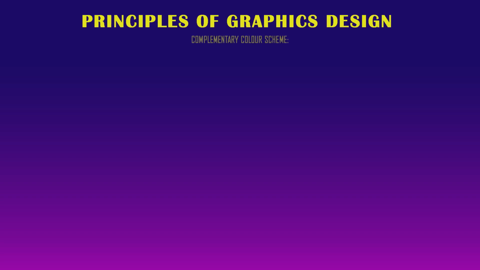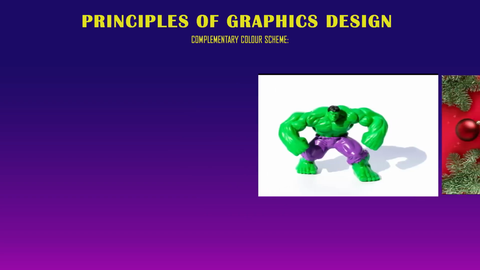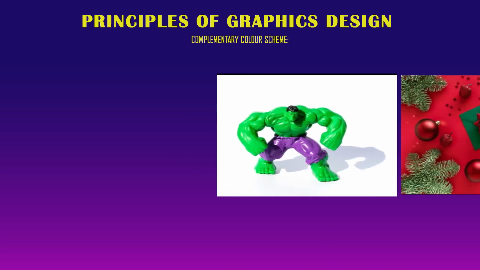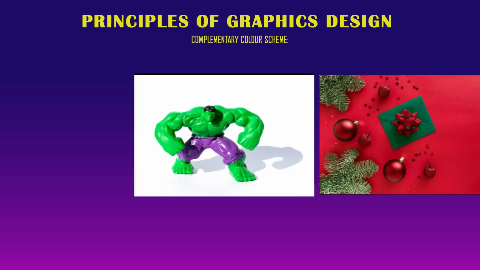Now, next one, complementary colors. These are colors positioned on the opposite ends of the color wheel. It is desirable in a number of design instances because the two opposite colors create a high contrast.